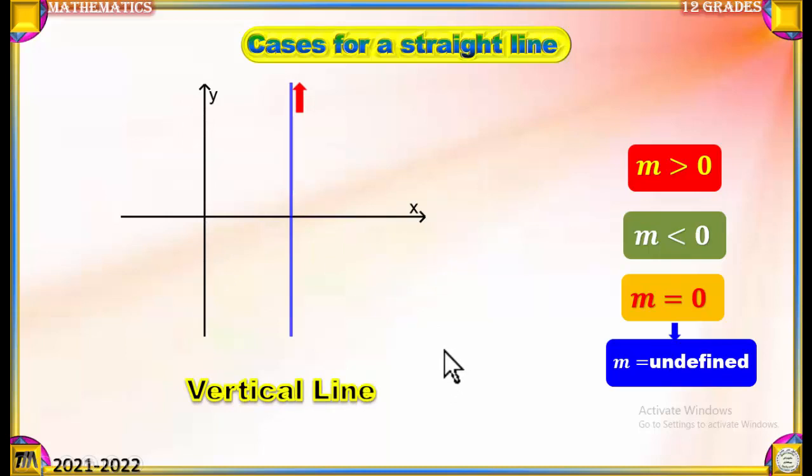It is called a vertical line. It has only one intercept, which is the horizontal intercept, and its equation is x equals k when the distance between the line and the y-axis is k.